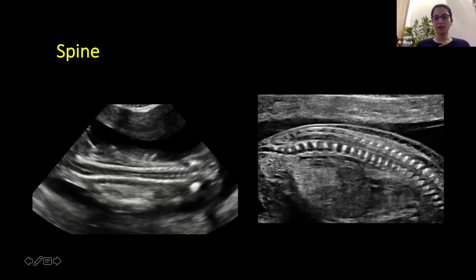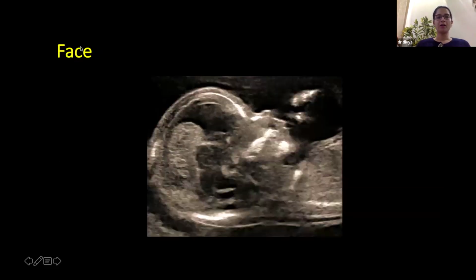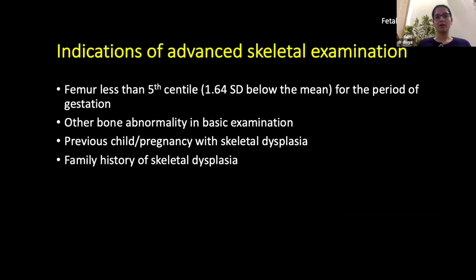So as long as you see the ossification of vertebral bodies of the sacrum, it is okay in the first trimester. Coming to the face, just as we see it in the second trimester, in the first trimester, we can assess the face for looking at the forehead, nasal bone, maxilla, mandible.